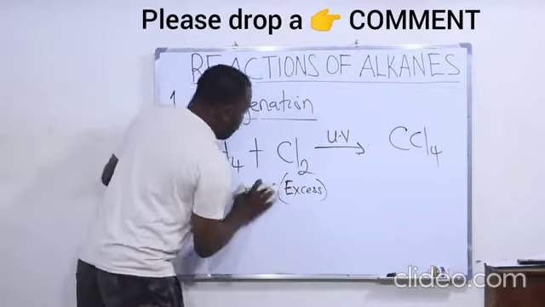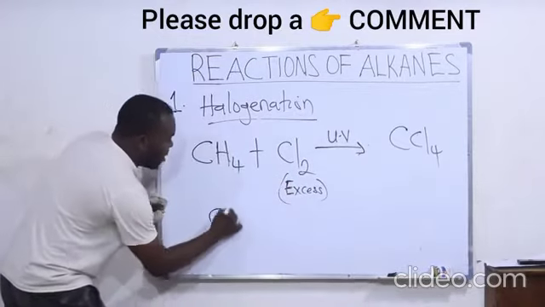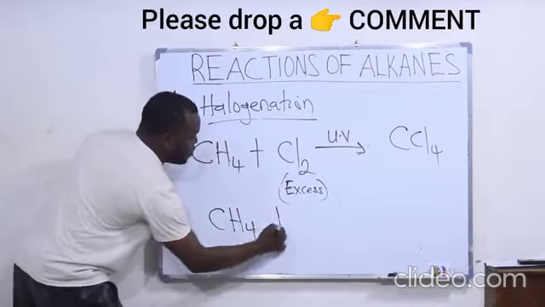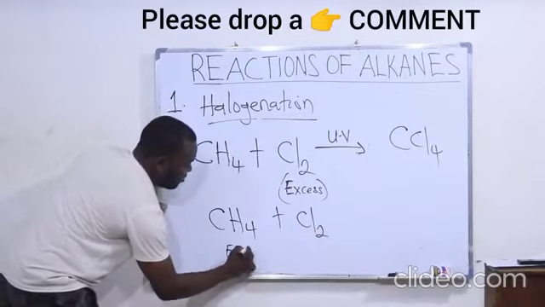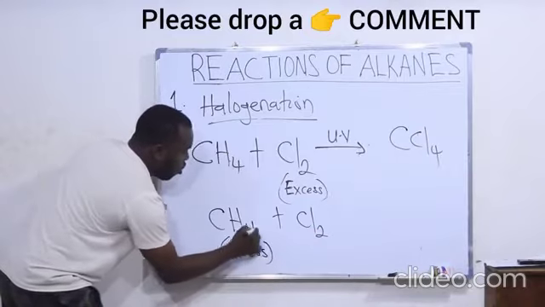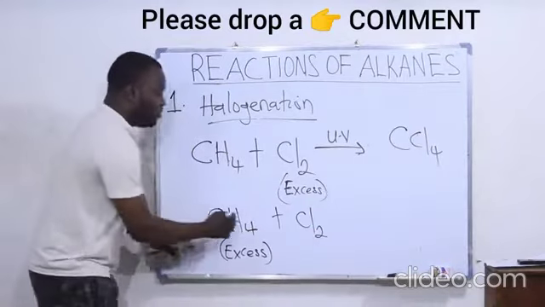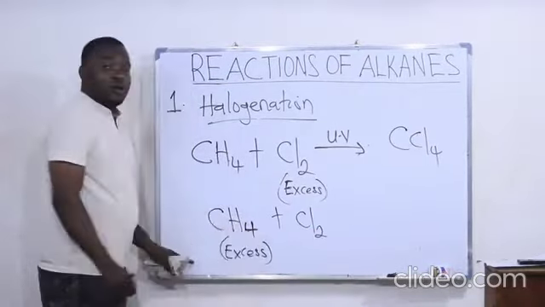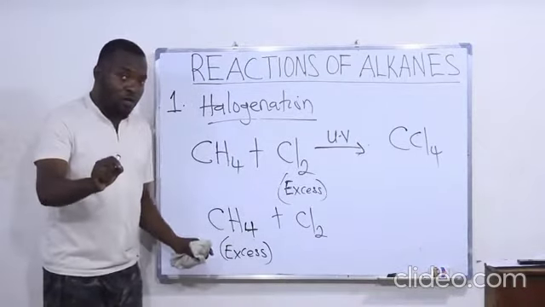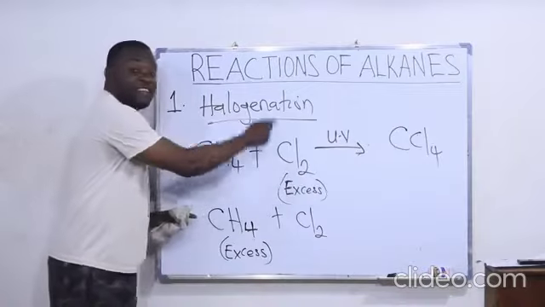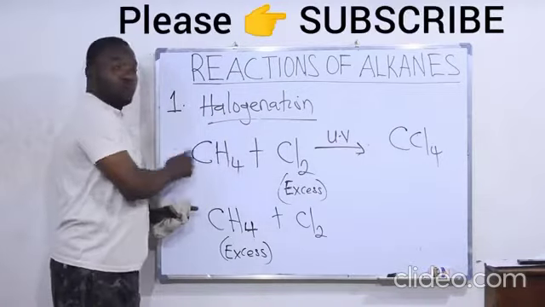But when the methane is the one in excess, not the halogen, only one of the hydrogens will be replaced. When the methane is in excess, only one H will be substituted. But when the halogen is in excess, all the hydrogens will be substituted.